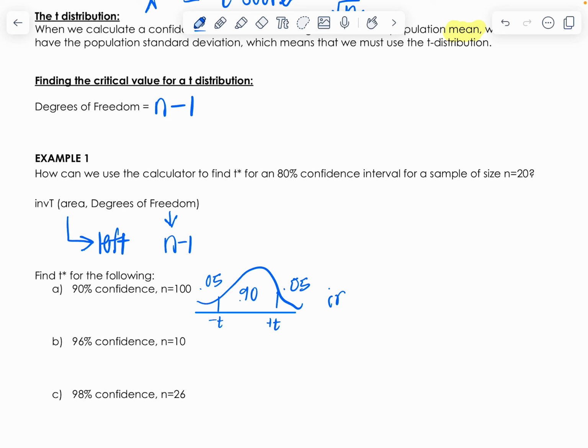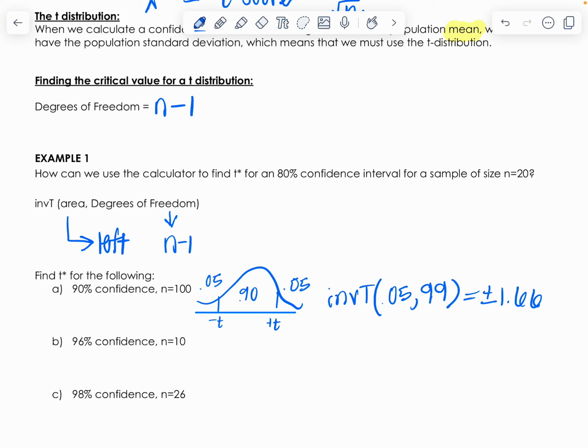So we're going to plug in our calculator, inverse t, 0.05, that's our area to the left, with 99 degrees of freedom, because that's what is left when we subtract 1 from n. So 0.05, 99. Enter, and I get plus or minus 1.6603, so 1.66.